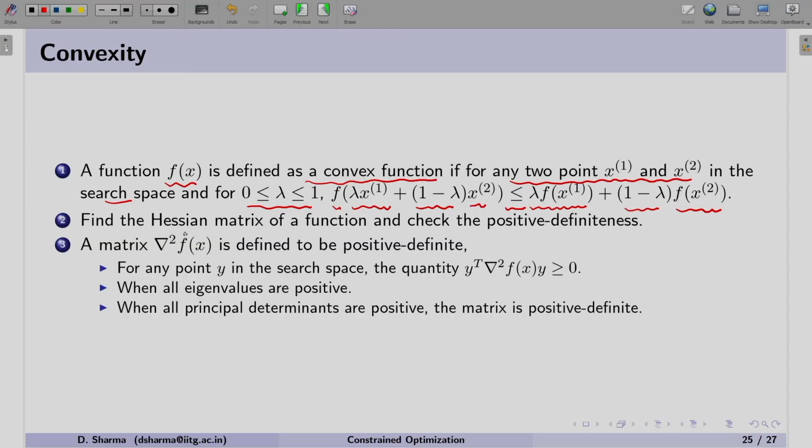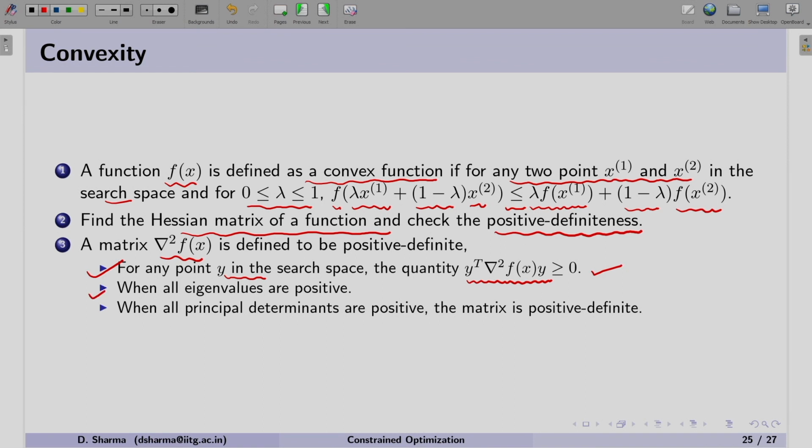Similarly, we can find the Hessian of the function and check whether this Hessian matrix is positive definite or not. The first condition says that for any point y in the search space, if y transpose times Hessian times y is greater than 0, then the matrix is positive definite.